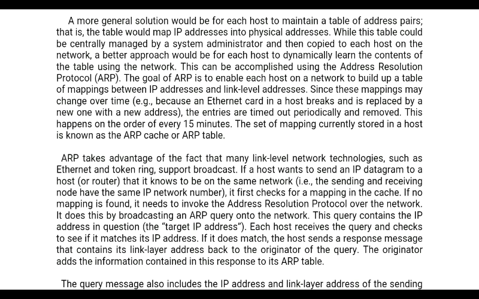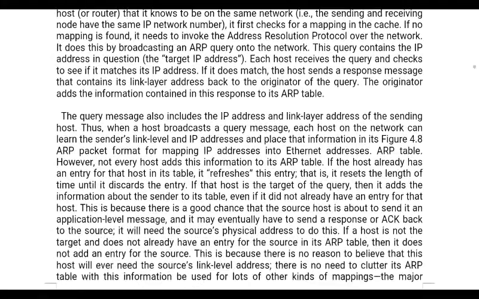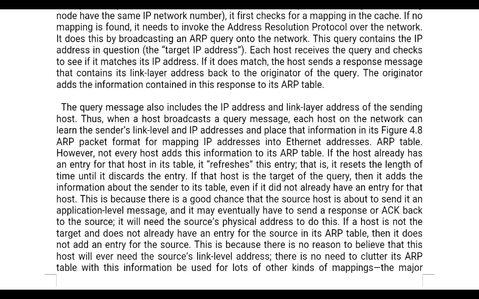The originator receives this information and adds it to its ARP table. The query message also includes the IP address and link address of the sending host. Is it clear? In this way the process continues.